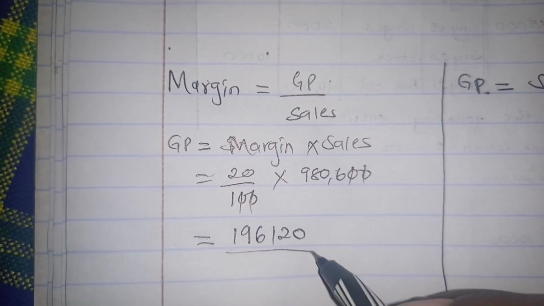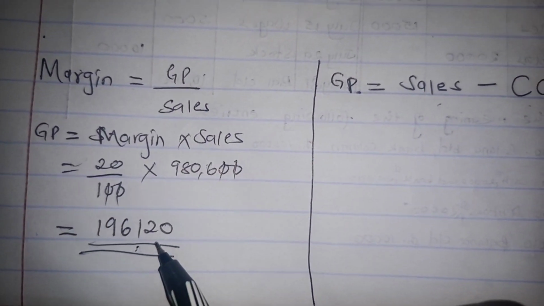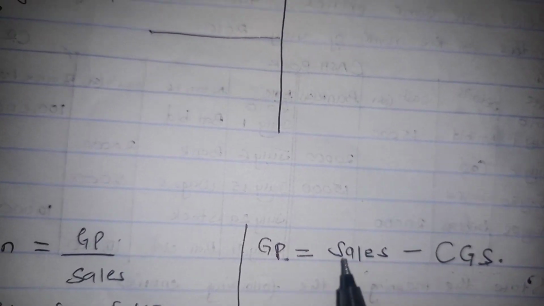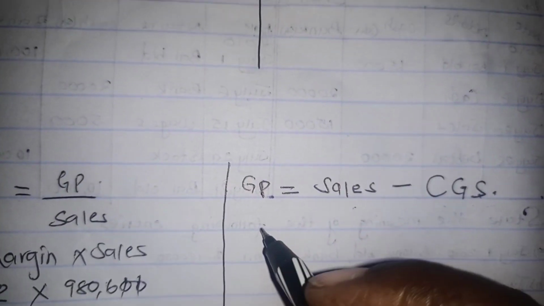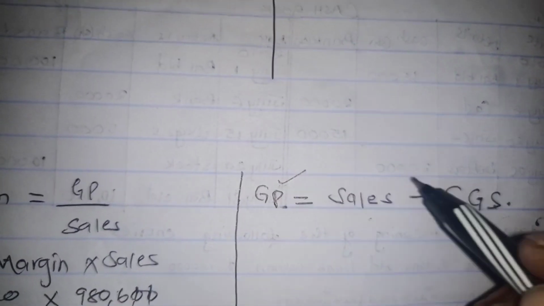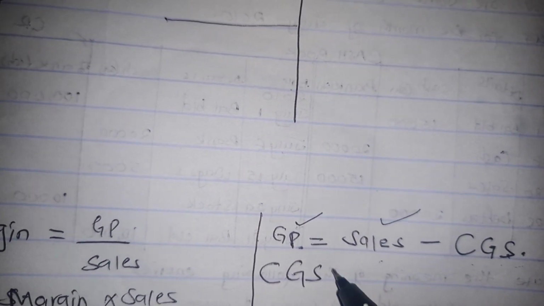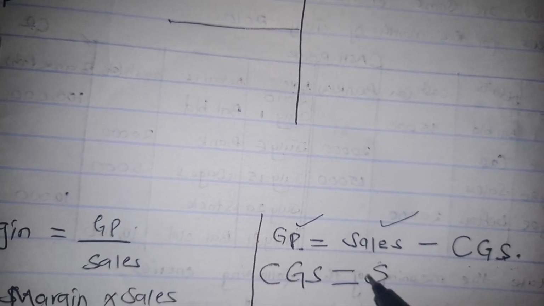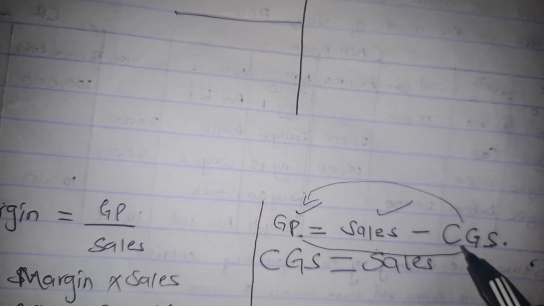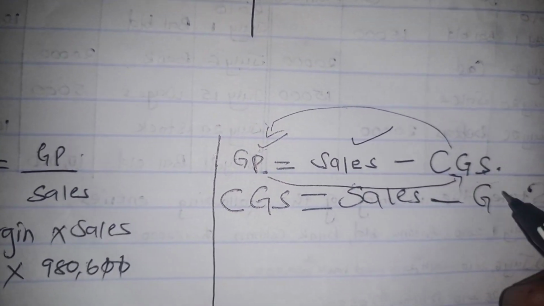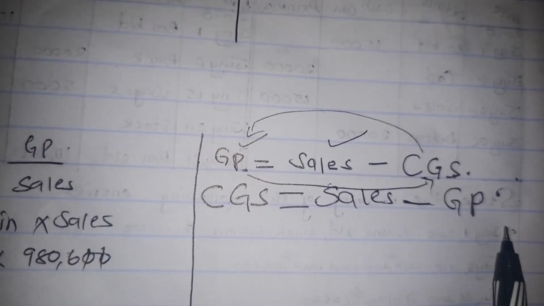Remember, already our business got a gross profit of 196,120. Therefore, arriving at the cost of goods sold in this case will be easy because we have that and we have that. So cost of goods sold, learners, will be equal to the sales minus the gross profit.